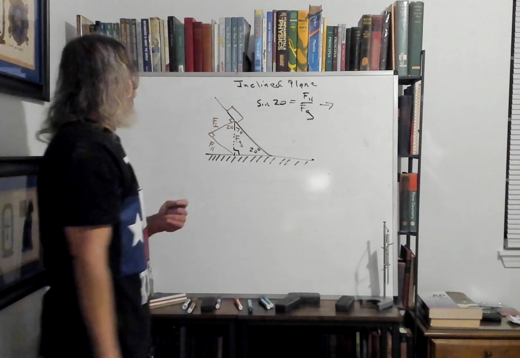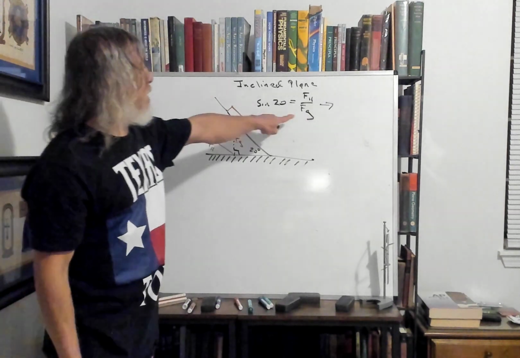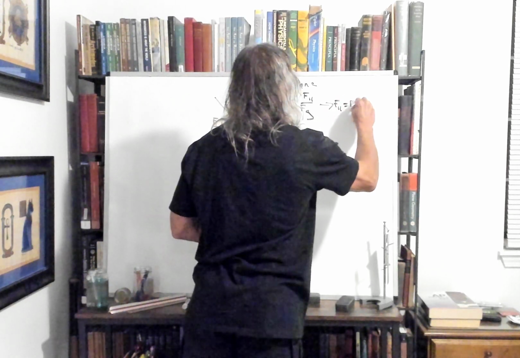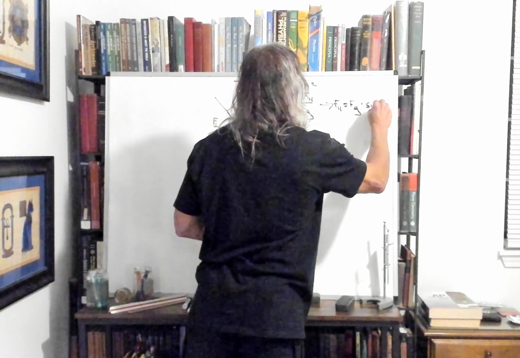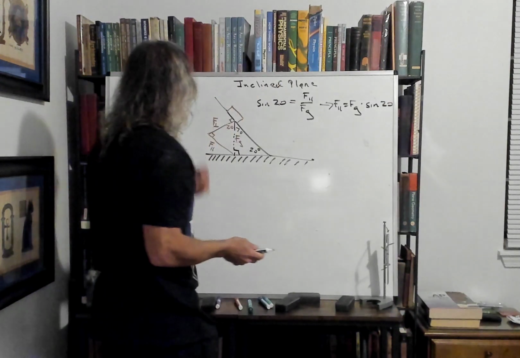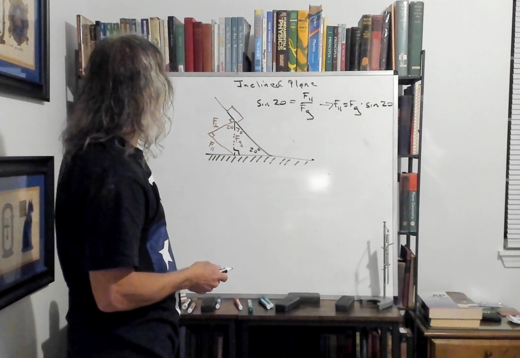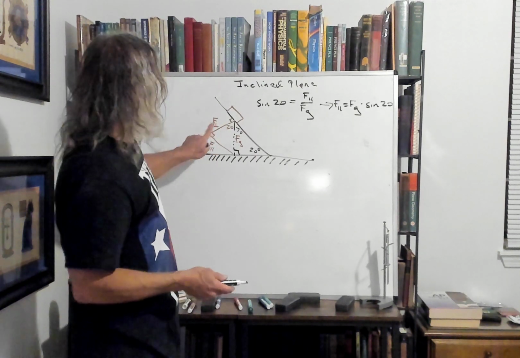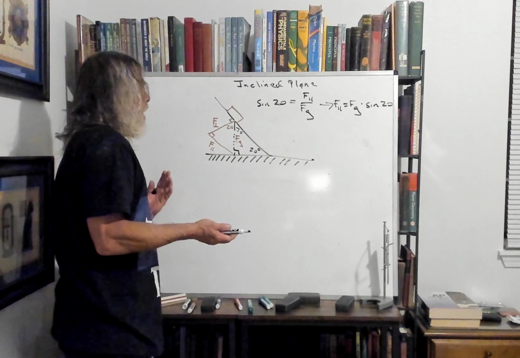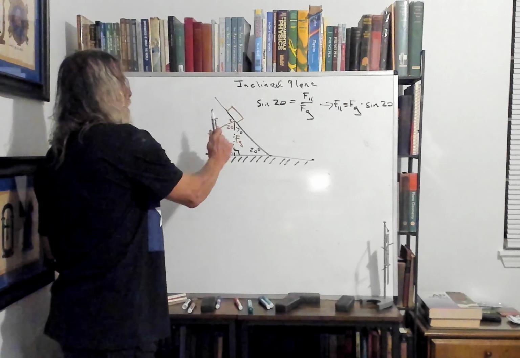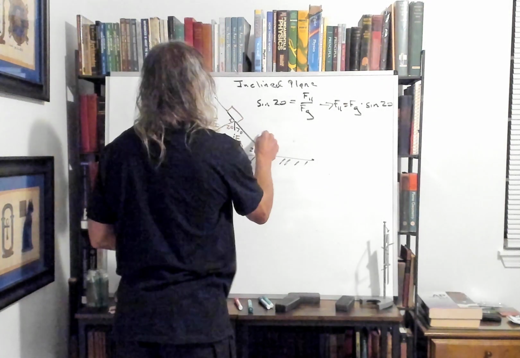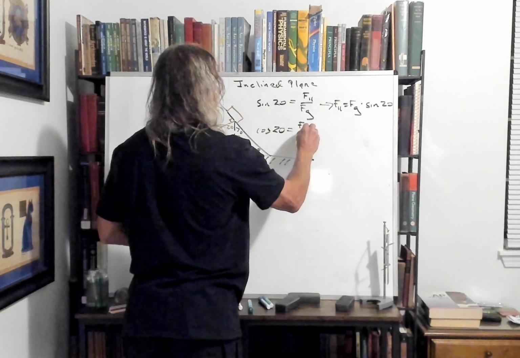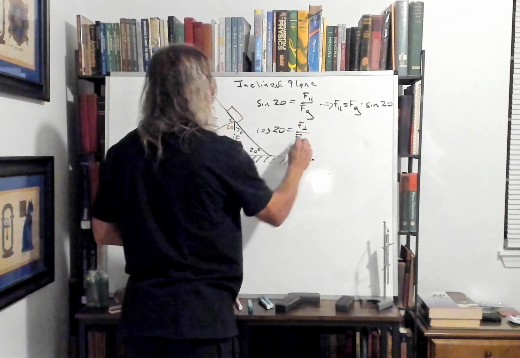Thus and therefore and hence, the parallel force is Fg times sine 20. And if we have F perpendicular, that'd be cosine. Adjacent over hypotenuse is cosine. So cosine 20 is F perp over Fg.